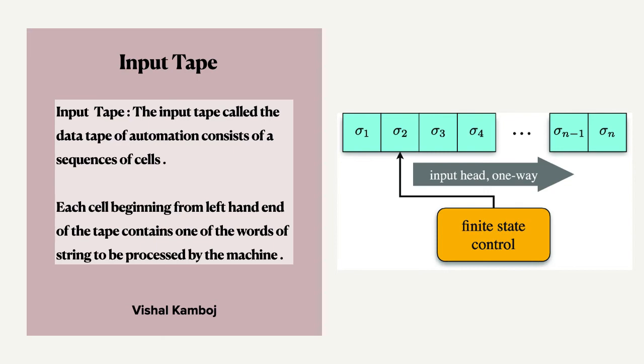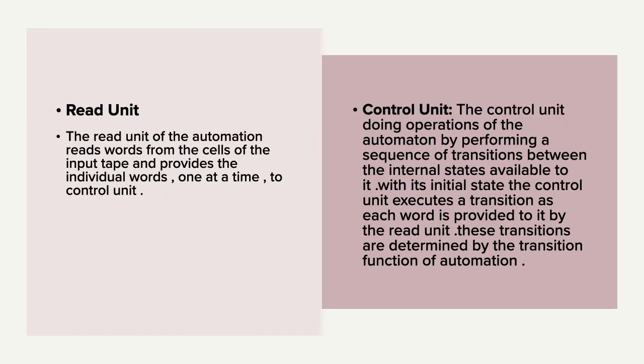That's important. So the other two components are here, the read unit. The read unit of the automaton reads words from the cells of the input tape and provides the individual words one at a time to the control unit. So what we put as an input is read by the read unit, very simple, and then it passes to the control unit.